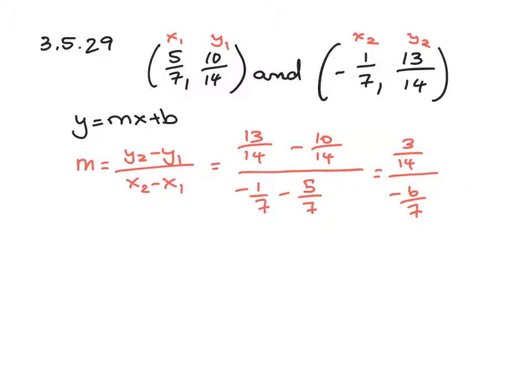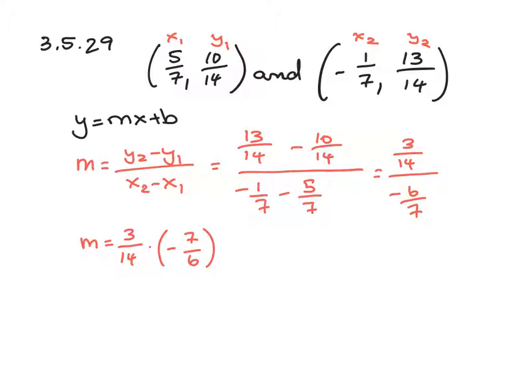So now we have to simplify that. We have 3/14 over negative 6 over 7, which means when you're dividing two fractions, to simplify it, you have to multiply by the reciprocal, which is 7 over 6.